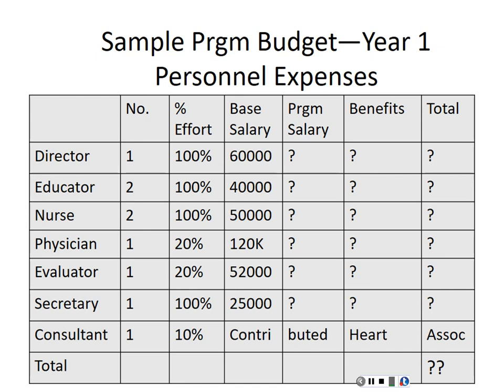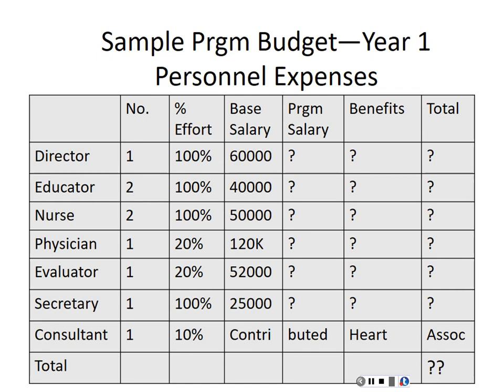The program salary is what proportion of their salary is going to be allocated or paid by our program. So if a position is 100% allocated to the program, then the program should pay all of their salary, right? 100% times 60,000, then we put 60,000 in the cell.